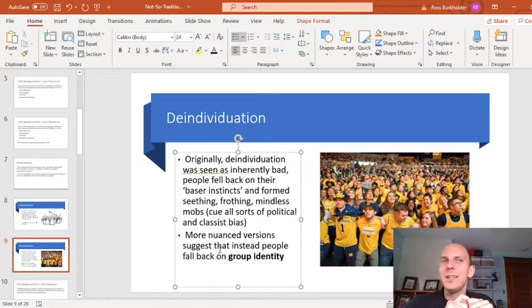I bet SIDE stands for social identity de-individuation effects. That's my guess. When people become de-individuated, they lose sight of both your and my own individuality, and they fall back on group identity. They behave like the group that they associate with is expected to behave, which can lead to things like mob mentality if the social group being identified with is angry and violent. Sure, that can happen, but it's not necessarily the case.